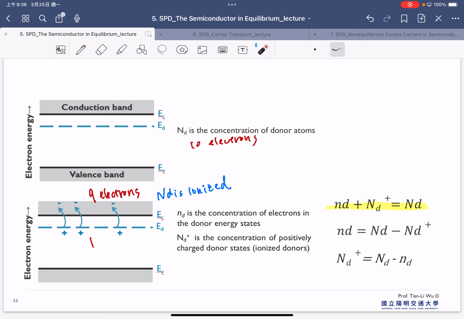So 9 electrons jump to above the conduction band, which means you have 1 electron in the donor state.